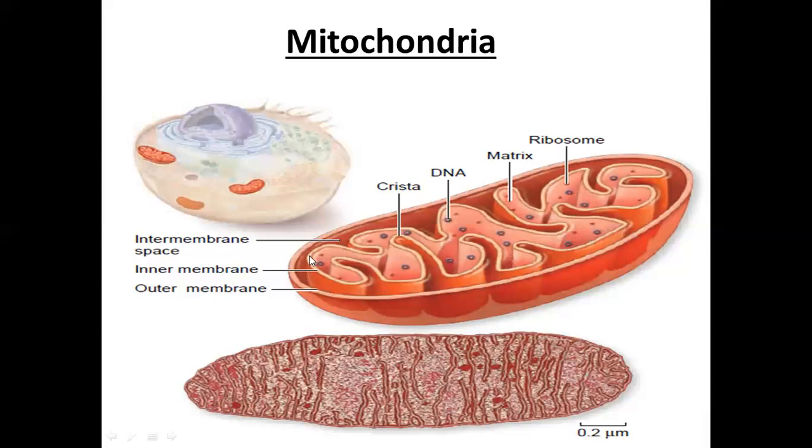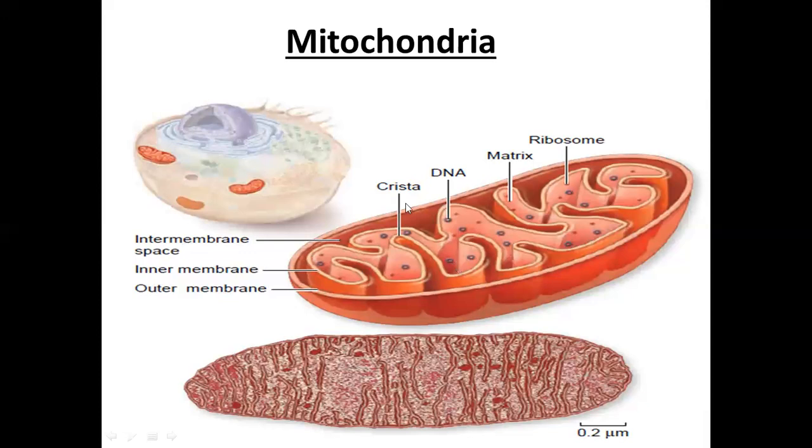The inner membrane, as we have seen, has numerous folds, and this strictly regulates the types of molecules that can move across it. These folds are known as cristae. A crista is just one fold, and the cristae extend into the matrix.